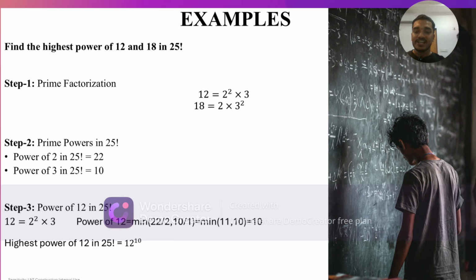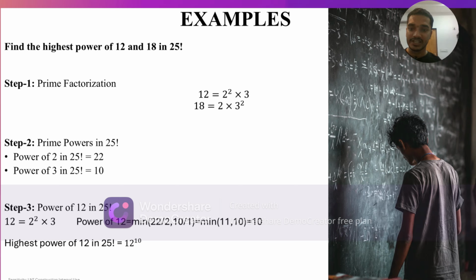I again say about the highest power of 12: firstly, convert 12 and 18 into prime factors and see the powers in the prime factors. 12 is 2 to the power 2 into 3, and 18 is 2 into 3 square.